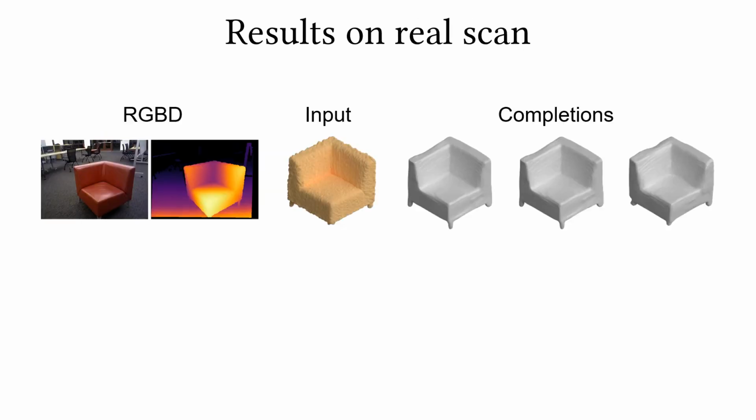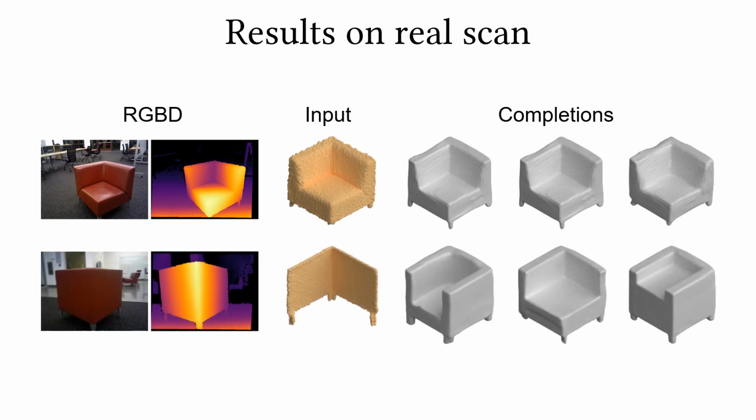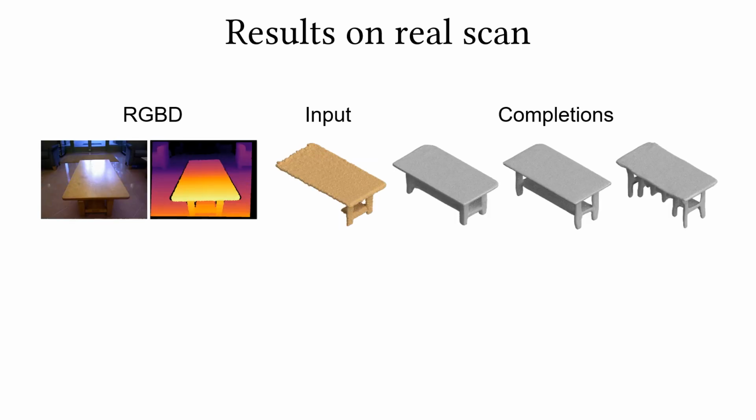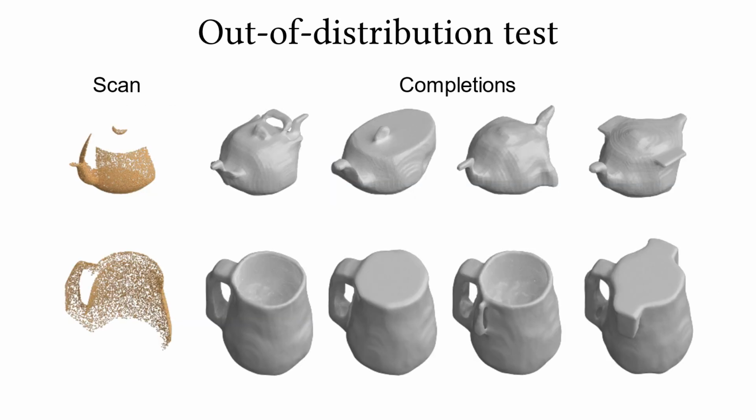Our method can also be applied to real-world scans, and it can reflect the scan uncertainty in the sampled results. ShapeFormer can generalize well to scans of unseen categories as well.